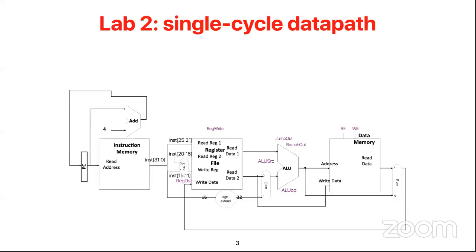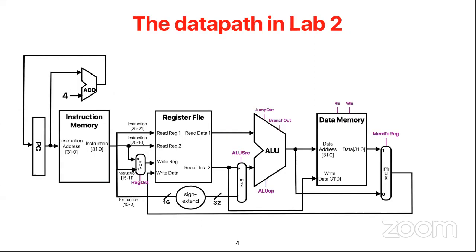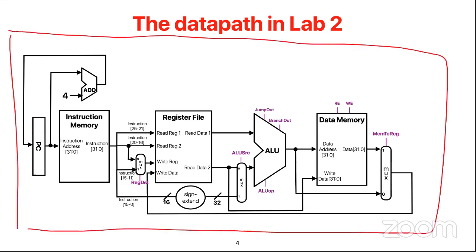So remember, this is what you had in lab 2. You have this data path, and if you have some memory, you probably also have a processor module that covers the whole thing.